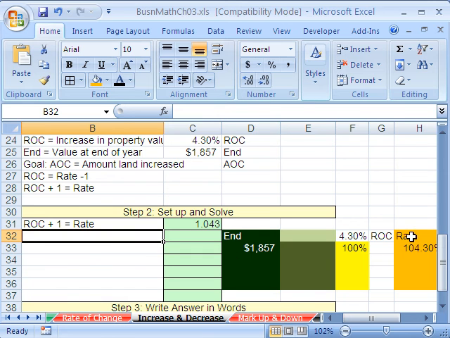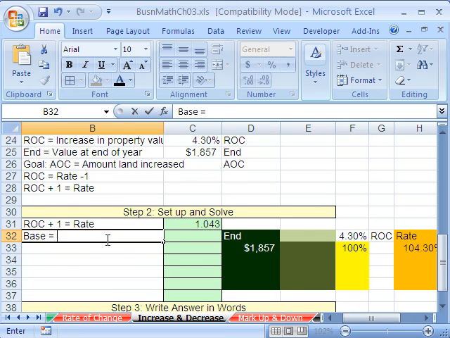We have a rate and an associated part. Now, don't let the fact that this is bigger than 1 fool you, it's still a rate and an associated part, so we can easily calculate our base or begin value.